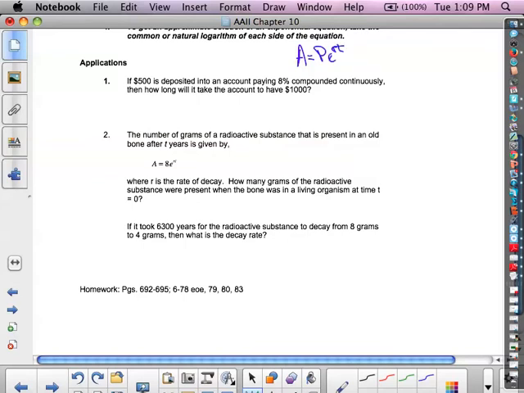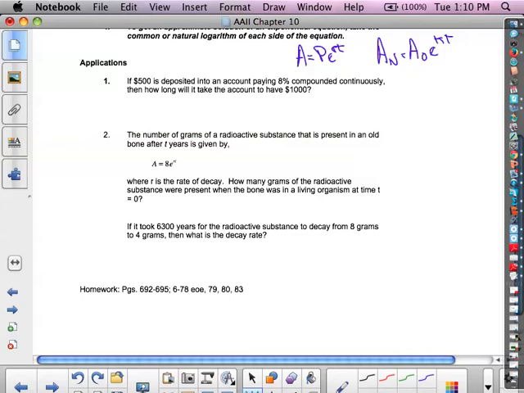For scientific applications like bacteria growth or radioactive decay, we're going to be using A sub n equals A sub 0 e to the kt. They're essentially the same formula, just a little bit different notation.